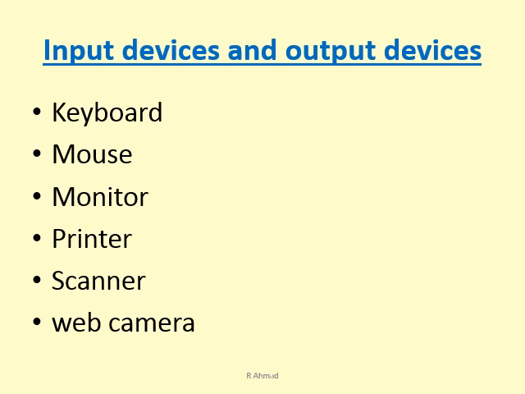Then we have function keys, we have the space bar, we have toggle keys. Toggle keys means the keys which, if you press once, are activated, and if you press again, are deactivated. The common toggle keys are caps lock and num lock. So if you press caps lock once, you can see the light glowing on the keyboard.